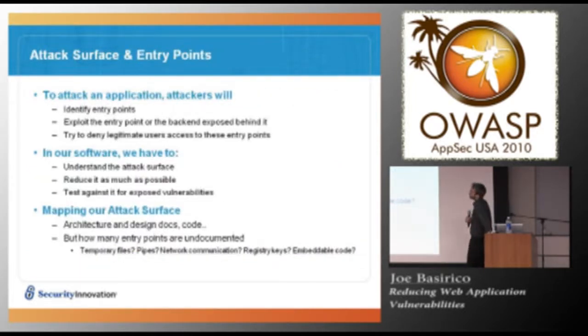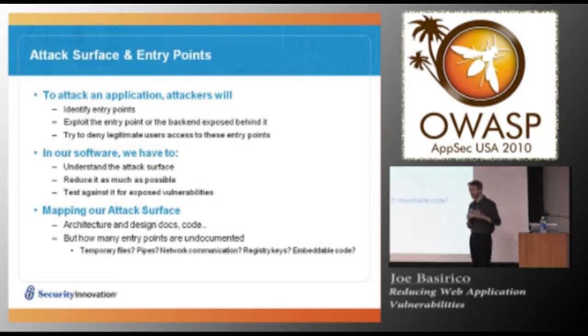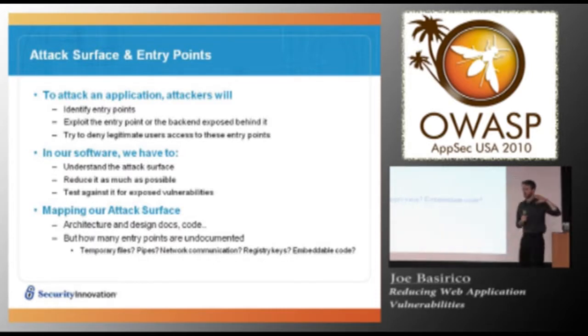Now, attackers also look at our software in the same way, right? It's the same kind of idea. We have attack surface. We look at it and say, well, if I were going to attack this system, these are the entry points that I would use. And the interesting thing about attackers is that they know the system really well, right? They look at the thing and they say, well, you're using these protocols, you're using these entry points, you're using jQuery, you're using JSON blobs or binary objects notation blobs, all this kind of stuff.